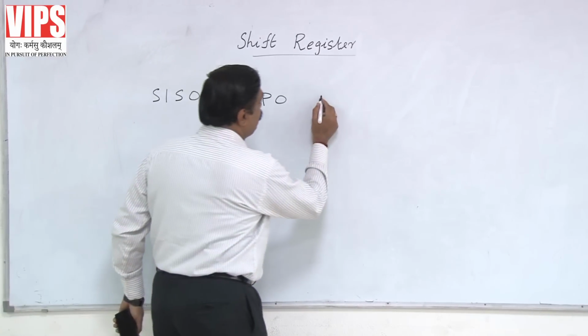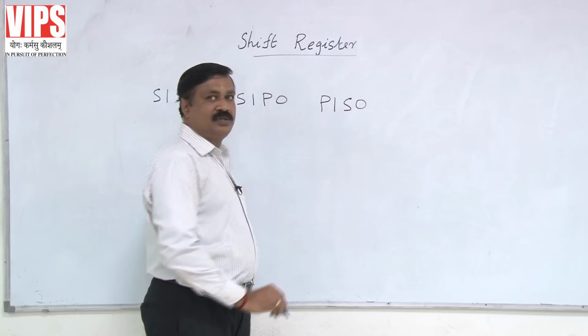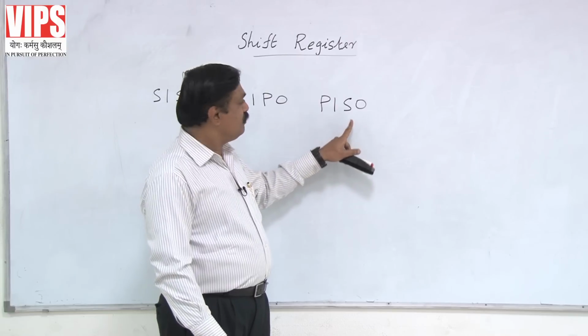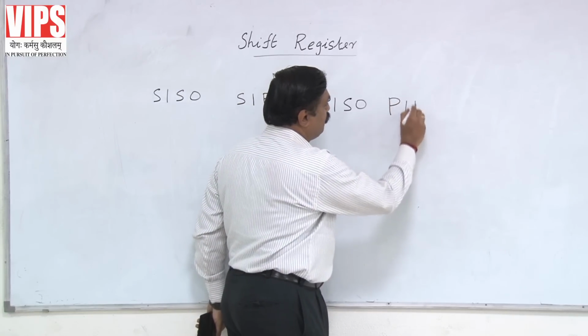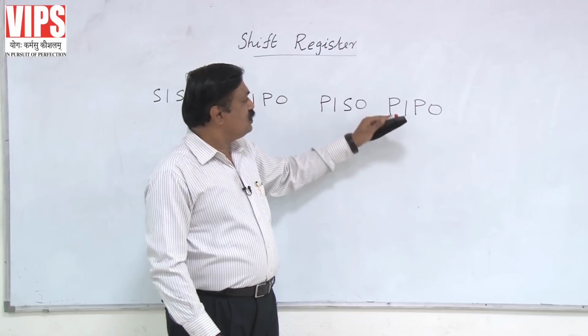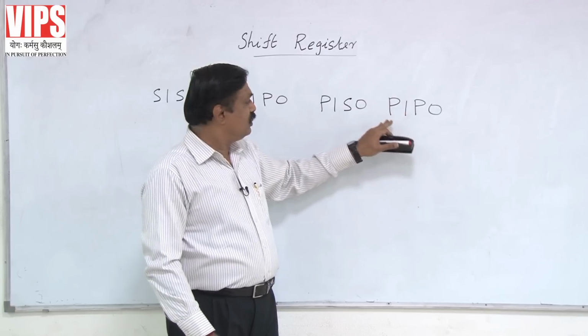The third one, parallel in, serial out: sending the data parallelly and receiving the data serially. Next one, parallel in, parallel out: both sending as well as receiving are in parallel.